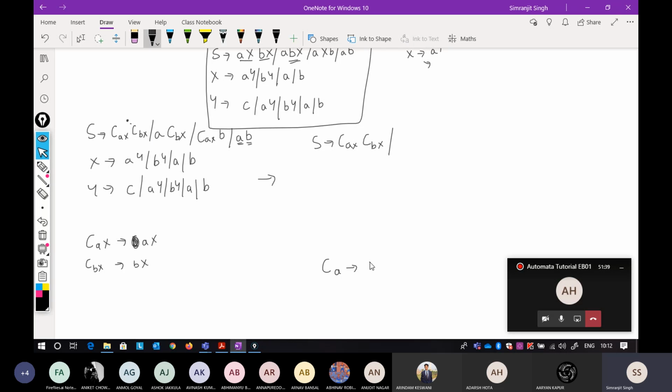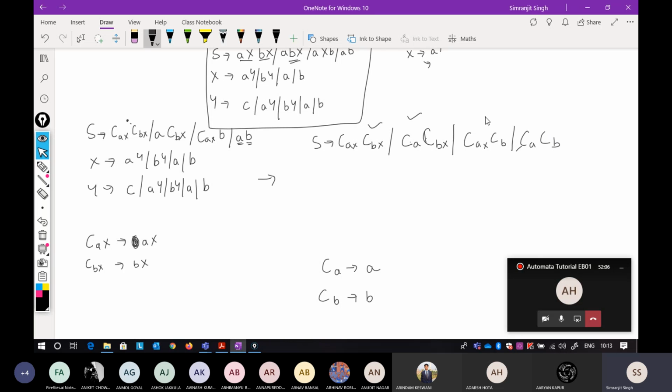Sorry, for CA it will tend to A here. CA tends to A, so it will become CA, then CBX. And for B, CB tends to B, so that will become CAX, then CB. And for A and B, that is already put here, so you can put CA followed by CB.